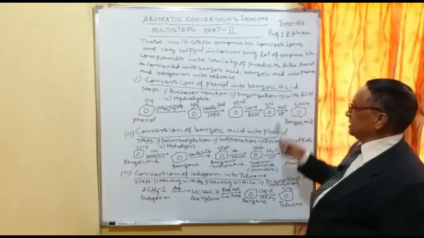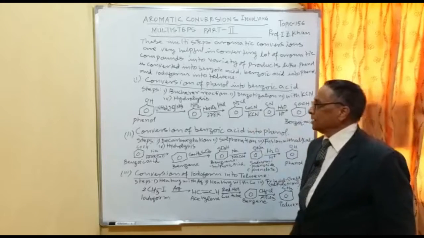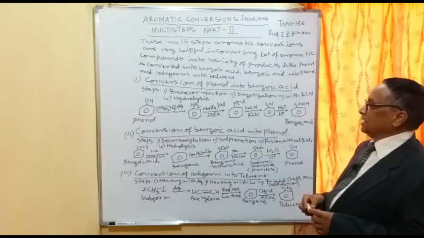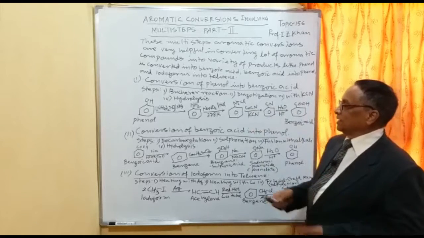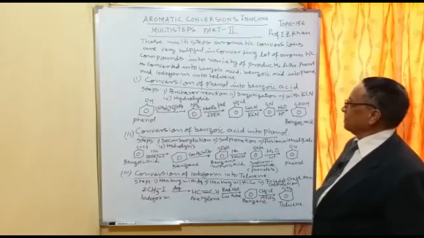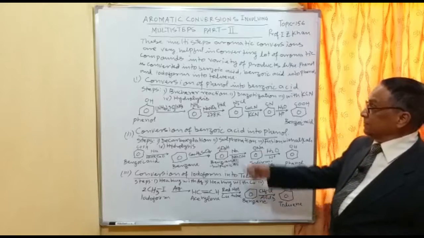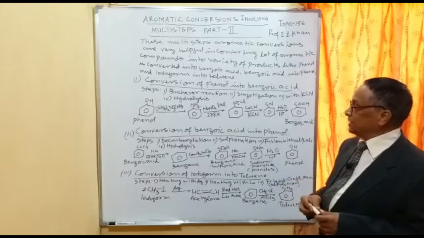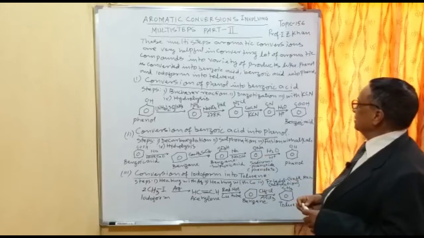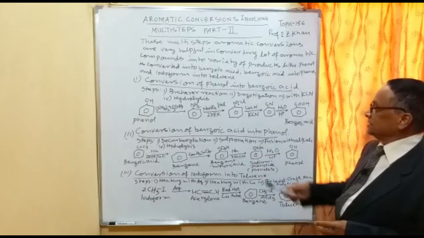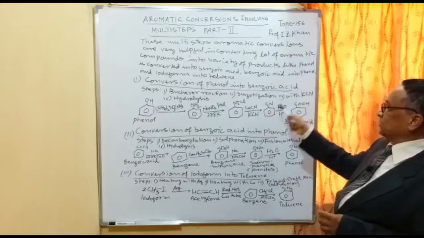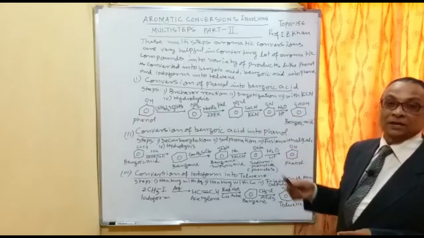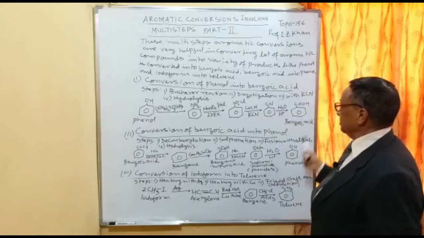I have given all the reagents and reaction conditions. First is the Bucherer reaction, a name reaction, when it is treated with ammonium sulfate and ammonia. The second step is diazotization, and then with CuCN the diazonium group will be substituted by CN, and finally with acid hydrolysis you will get benzoic acid.